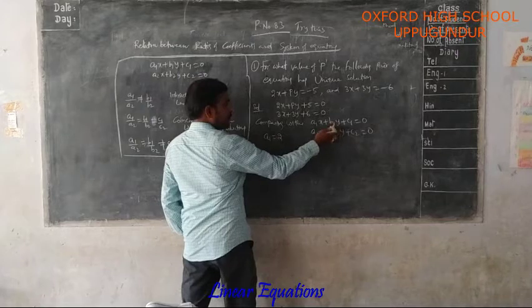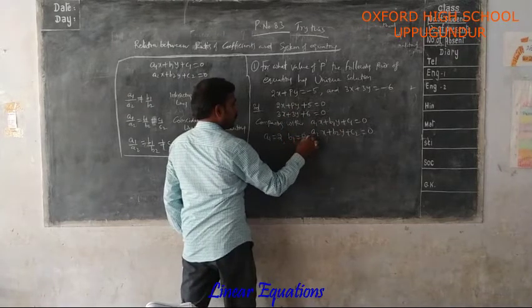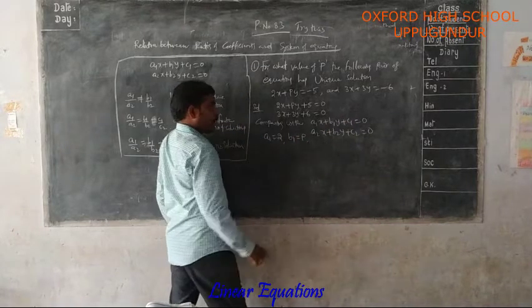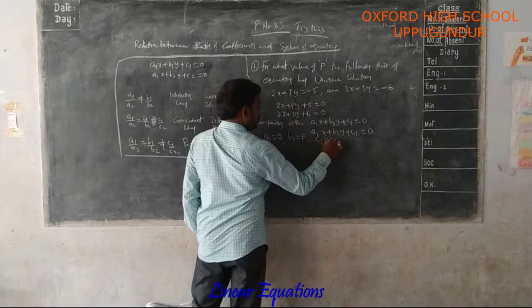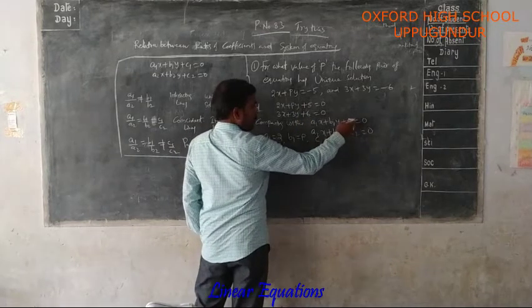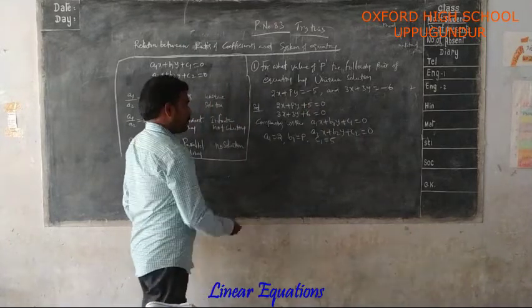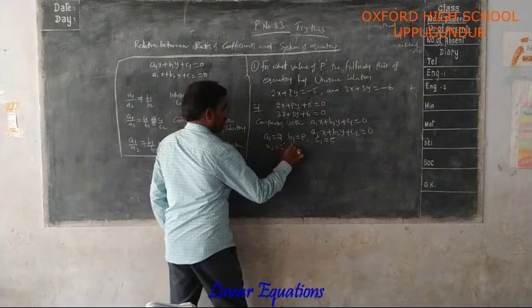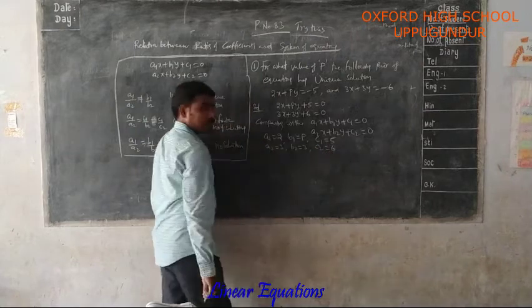The y coefficient is p, so b1 equal to p. The constant is 5, so c1 equal to 5. Similarly for the next equation, a2 equal to 3, b2 equal to 3, constant c2 equal to 6.